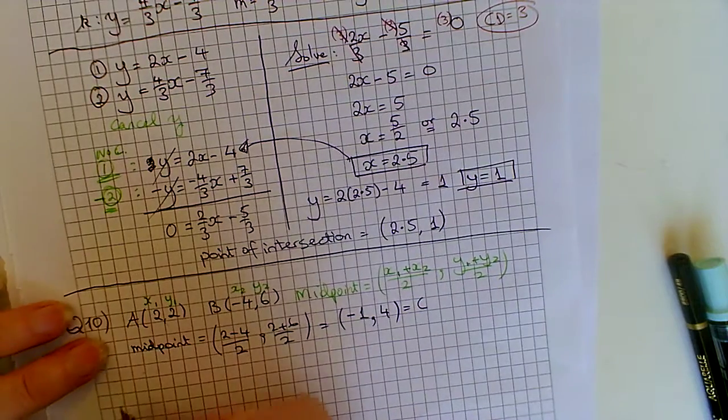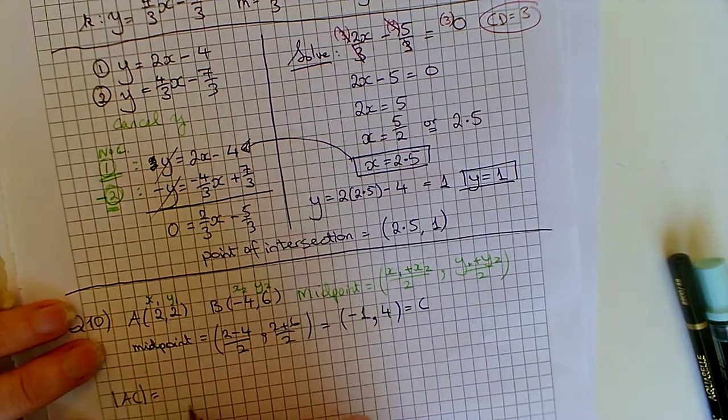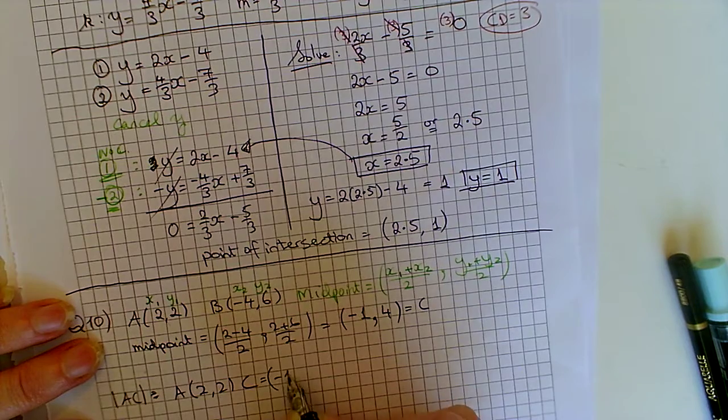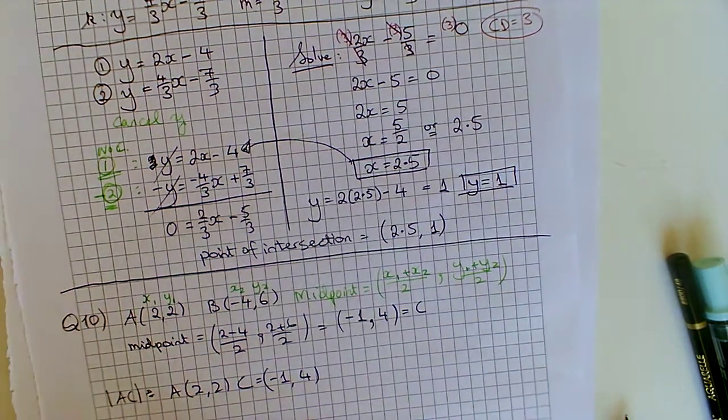They asked me to verify that the distance from A to C is equal to the distance from C to B. So A to C, A is 2, 2, C is minus 1, 4. And again, I'm going to use my distance formula.